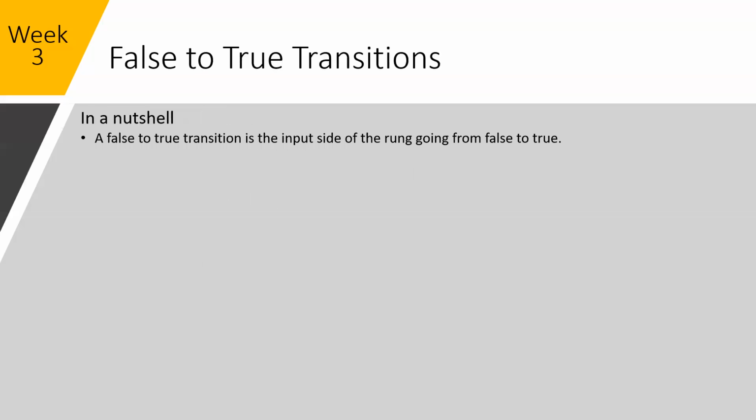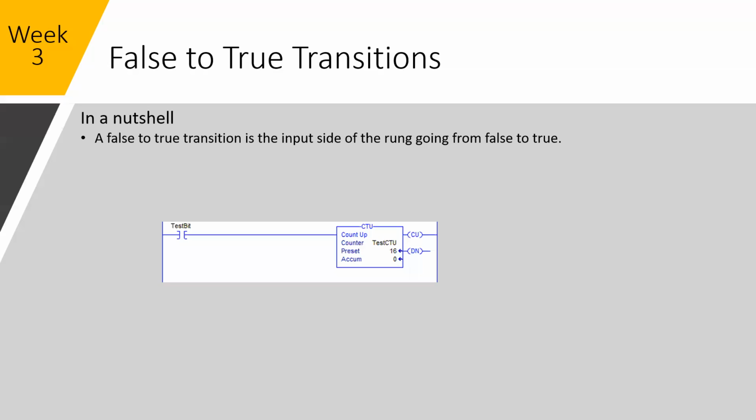So in a nutshell, a false to true transition is sometimes called a rising edge. It's the transition of a bit going from false to true. When something turns on from off, or if it's normally closed, when it turns off from on, it's when the test bit, like you can see in this graphic, becomes true.